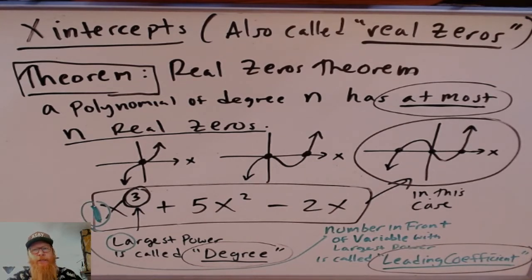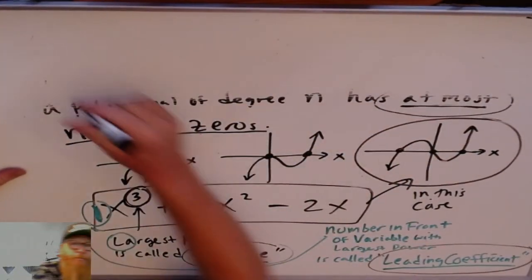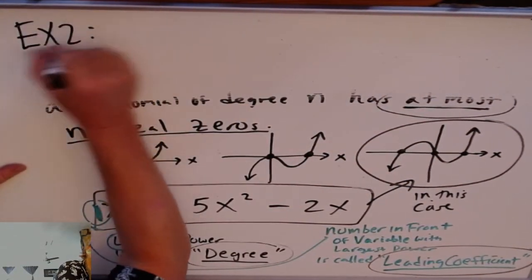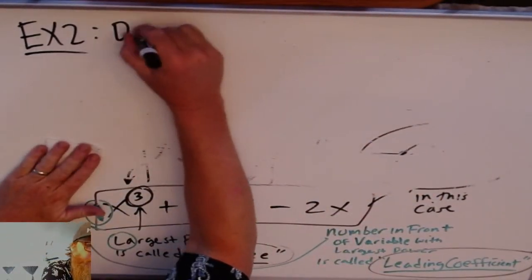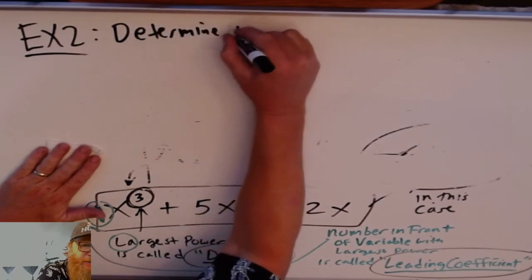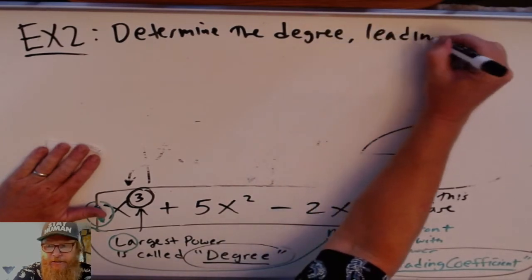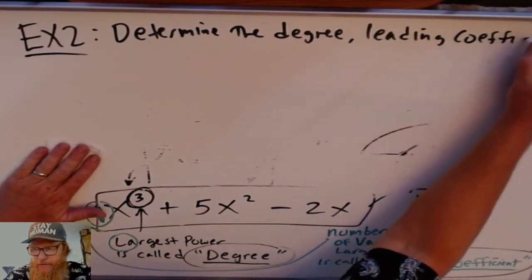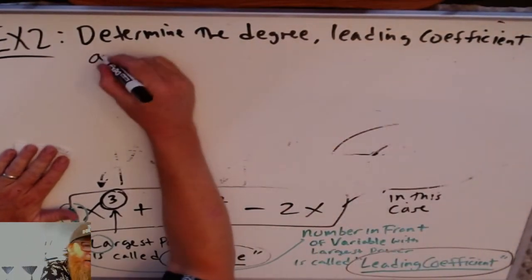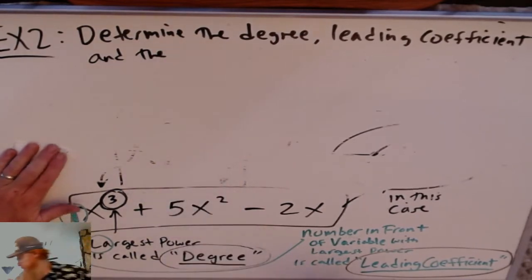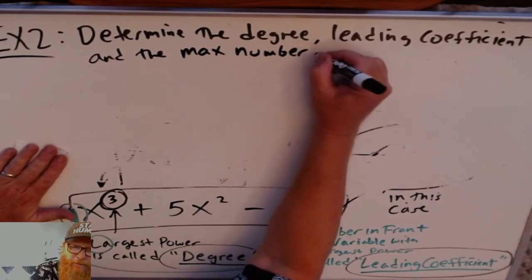Okay. So let's do some more examples. Determine the degree, the leading coefficient, and the maximum number of real zeros.